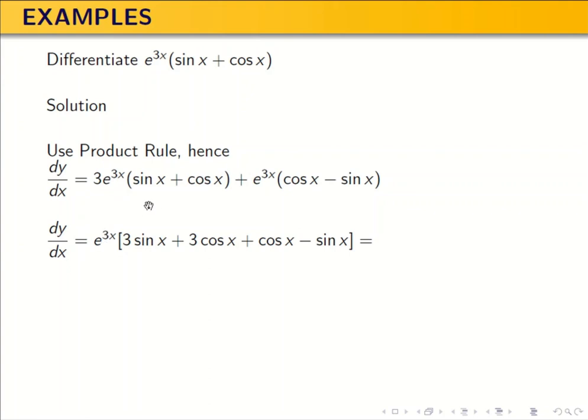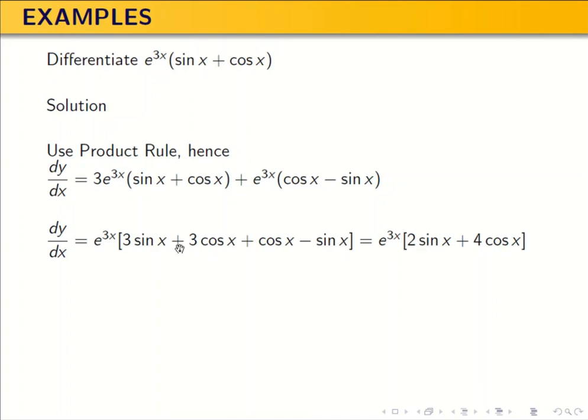You can do the factorization first and you get e to the power 3x, and here I'm left with 3 times the whole of sine x plus cos x, which gives 3 sine x plus 3 cos x, and plus cos x minus sine x.